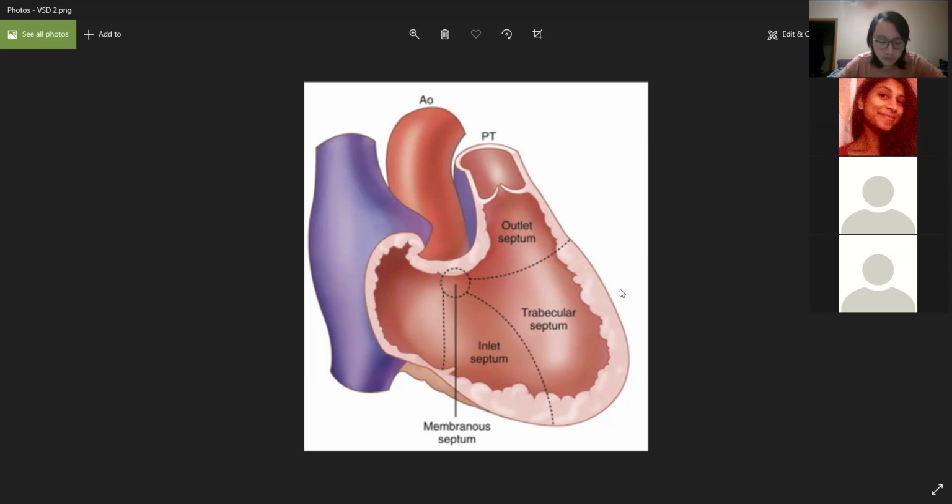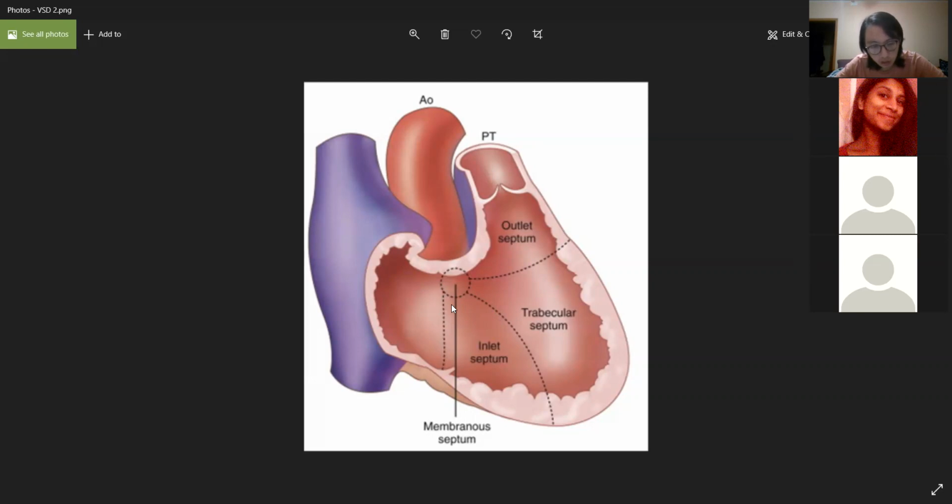Anyway, I'll find out how many percent is in inlet. Inlet over here, you see, it's close to your atrioventricular part, right? So another synonym for it, besides inlet, is AV canal, because it's close to your atrioventricular junction.